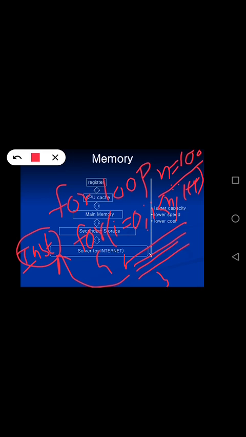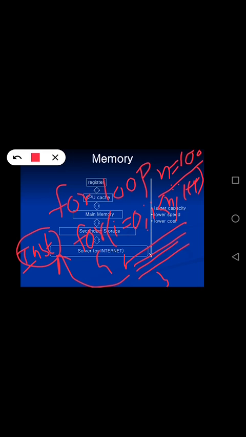So it is advantageous to keep these frequently executed instructions in a special type of memory rather than main memory, because fetching instructions from main memory takes a longer time in terms of memory cycles.